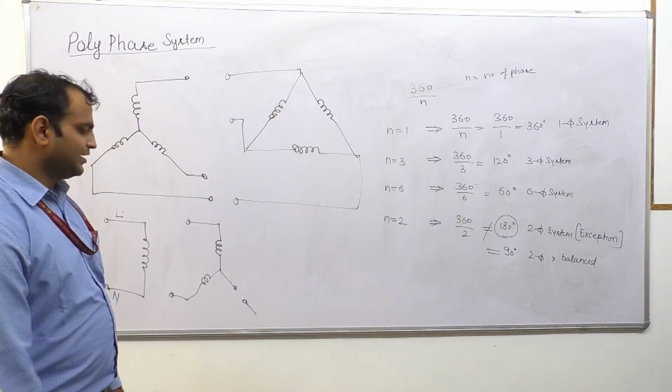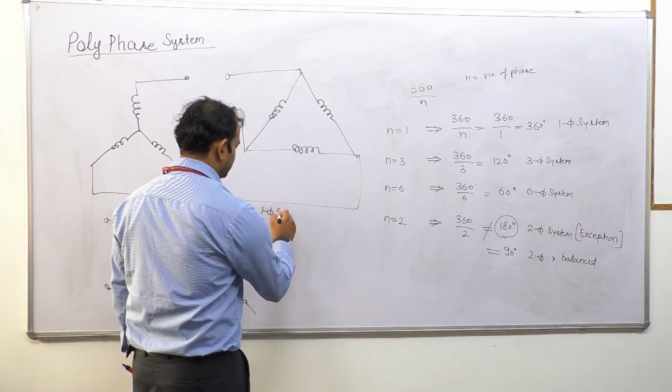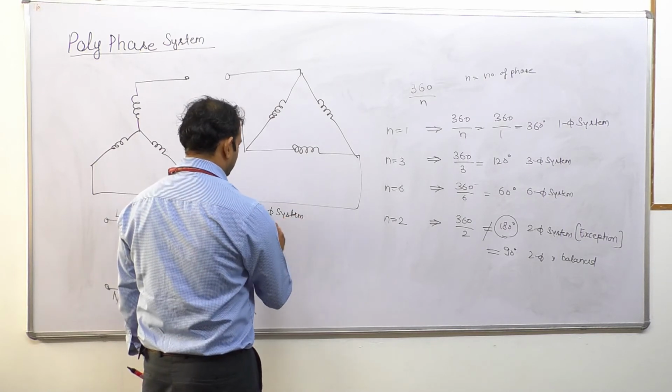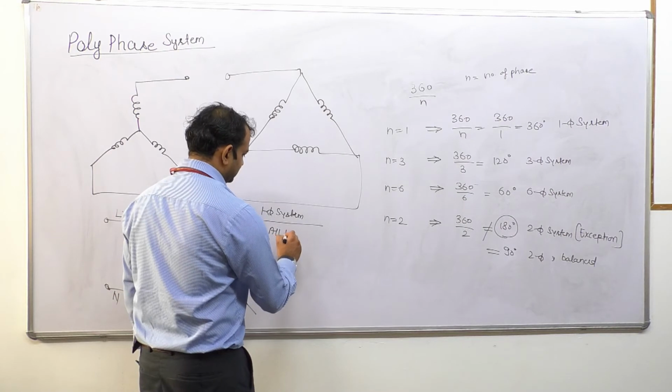Now, what are the examples? An example of a single-phase system is all household appliances.